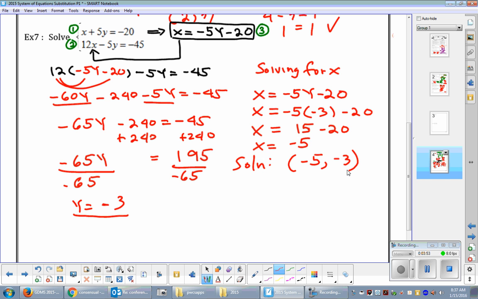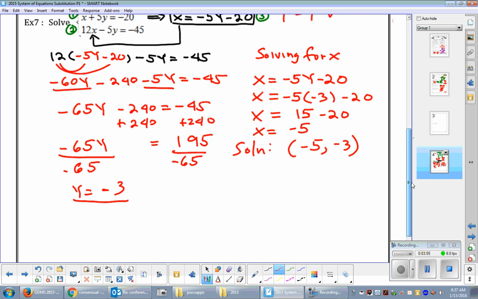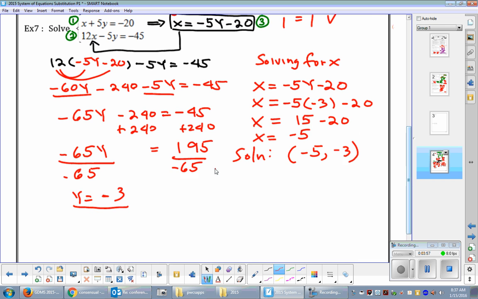And then of course don't forget to verify your answer. So let's try to verify or check our answer. So we just have to plug in our solution to both equations. So if I'm going to use my first equation, I will have x plus 5y equals negative 20.